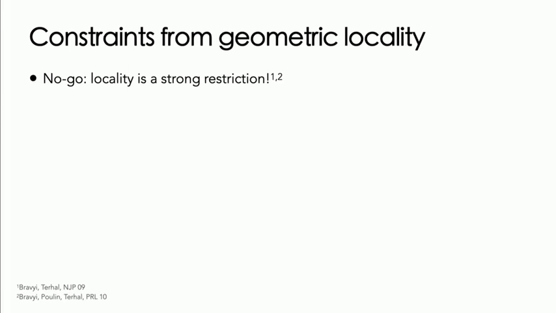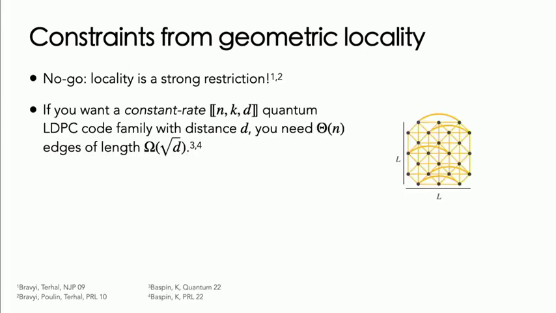I return to these papers regularly, and what they say is that if you're constrained by geometric locality, then your code parameters can't be very good. In particular, they show that there is a very sharp trade-off between the number of encoded qubits and the distance of your error-correcting code. And the surface code basically saturates this bound. So up to constants, this is as good as you can possibly hope to do.